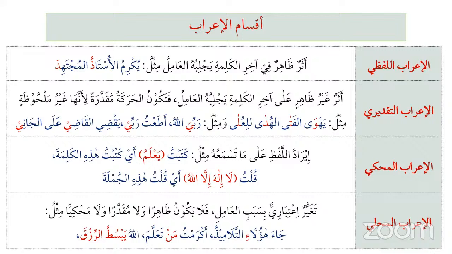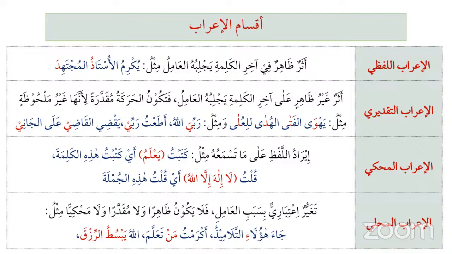Now in that situation, yabsutu rizqa, what would the fa'il fa'il maf'ul bihi become? What state would he experience then? Kana Allahu yabsutu rizqa. Nasb. Why would he experience the state of nasb? Khabar of kana. Good.